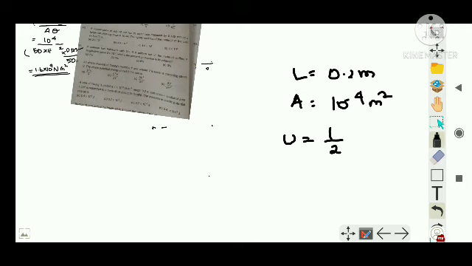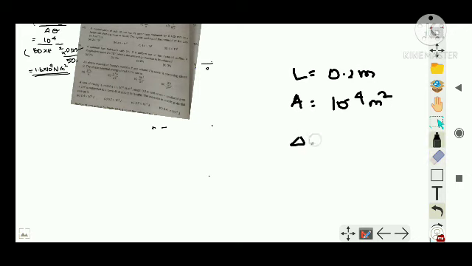Okay, so moving on to the numerical section. Original length is given as 0.2 meter, right? Area is given as 10 to power minus 4 meters squared, right? Increase in energy means work done in compressing, right? Let us say the length has decreased. Let us talk about change in length.